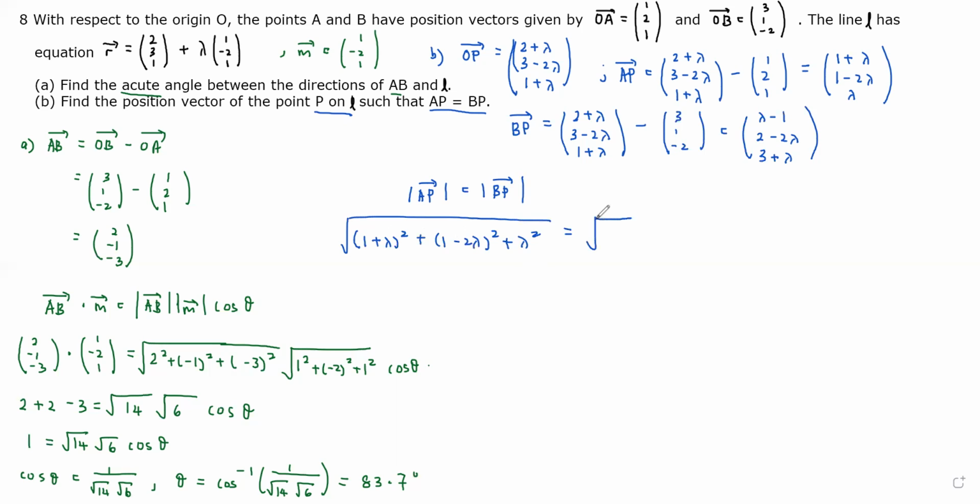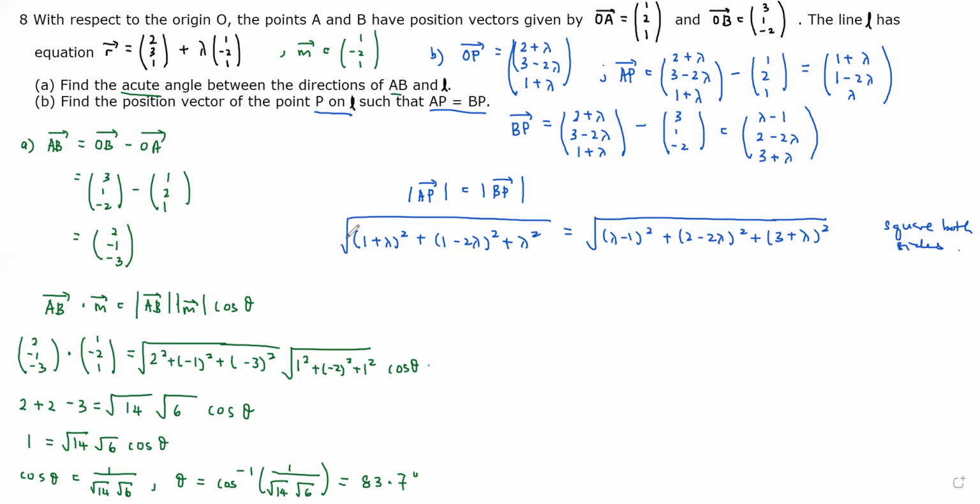And this equals the square root for vector BP. So we have lambda minus 1 squared plus 2 minus 2 lambda squared. And then you have 3 plus lambda squared. We see a square root on the left and on the right. So we can actually square both sides to eliminate the square root.